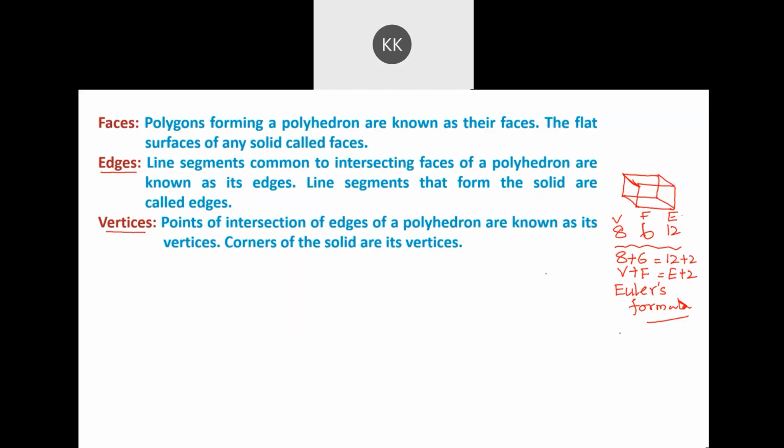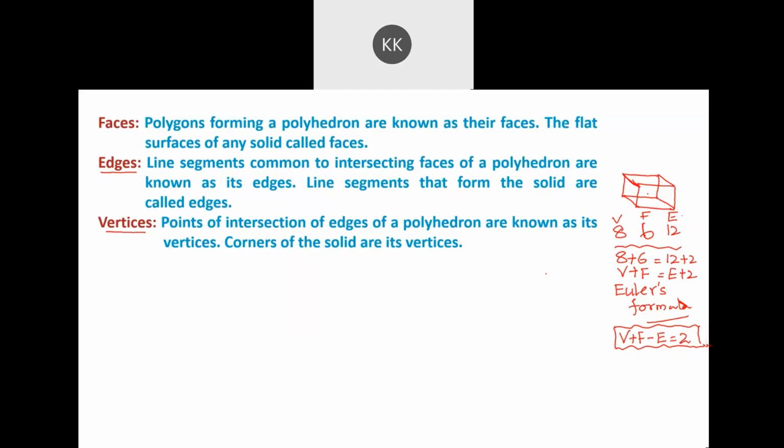In most of the books, they also mention it this way: F plus V minus E will be equal to 2. So just remember. Sir, is this a standard formula? Yes, it is a standard formula. It is true for all the solid figures which do not have a curved surface.